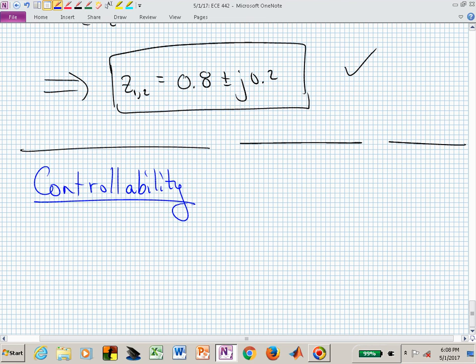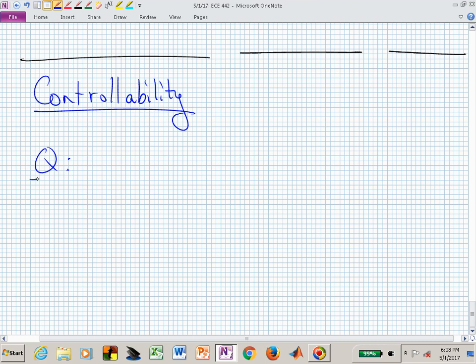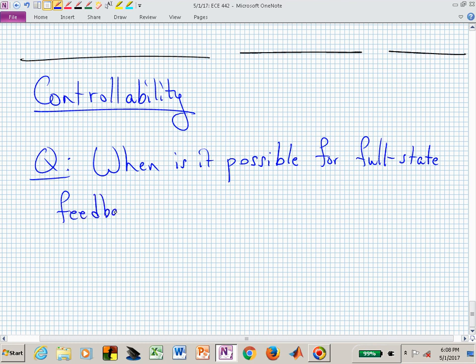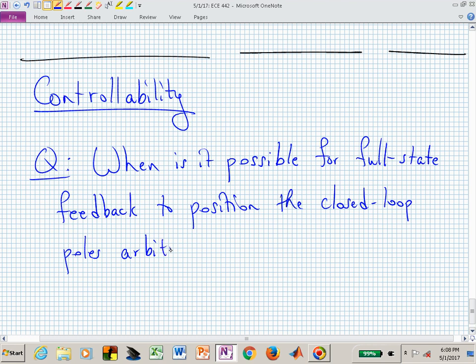We want to now ask the question, when is it possible for full state feedback to position the closed loop poles wherever we want in the complex z-plane, or arbitrarily?